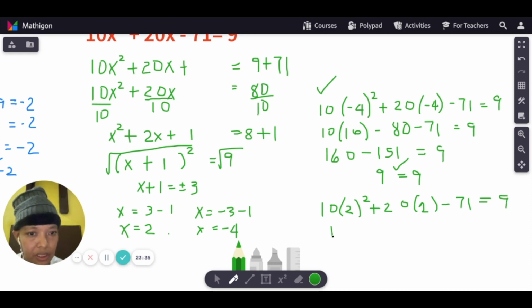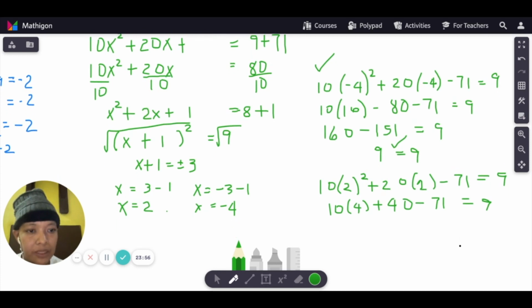So, this is 10 times 4 plus 40. Tama. 20 times 2 po yan. Minus 71 equals 9.